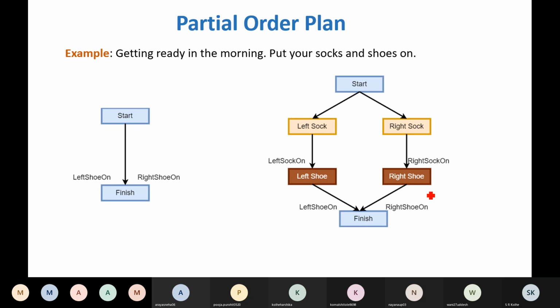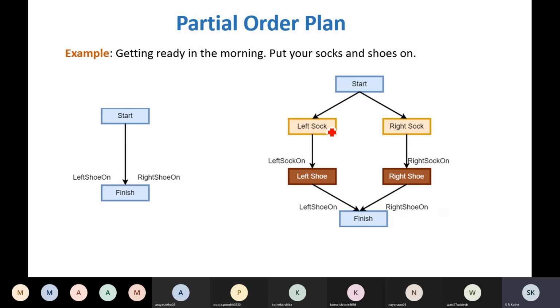Understood the example? This can now be done in different ways. Your objective is getting ready. For that purpose, one part we are considering is that you will have to wear shoes. To wear shoes, you will have to wear socks. Now again, there are two sub steps, two sub goals. To wear the left shoe, you will have to wear the left sock.